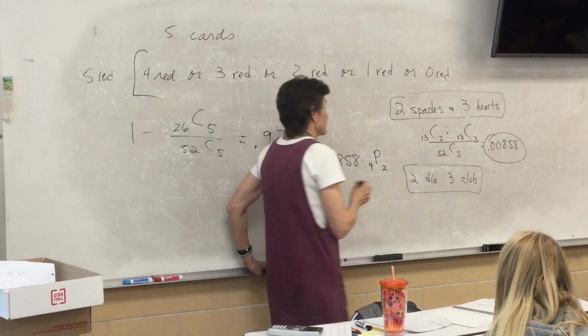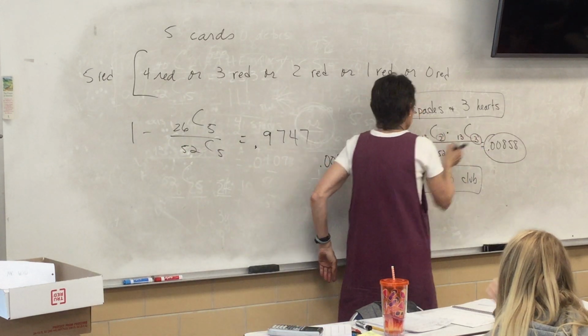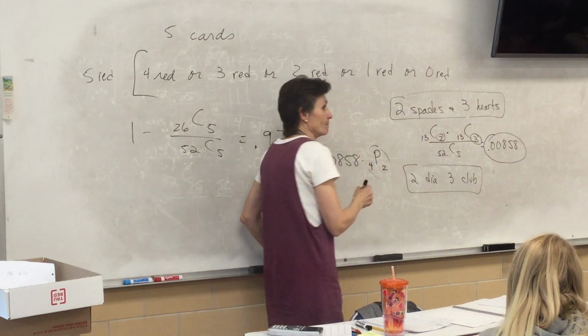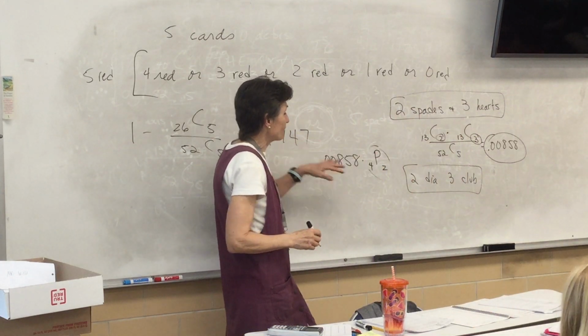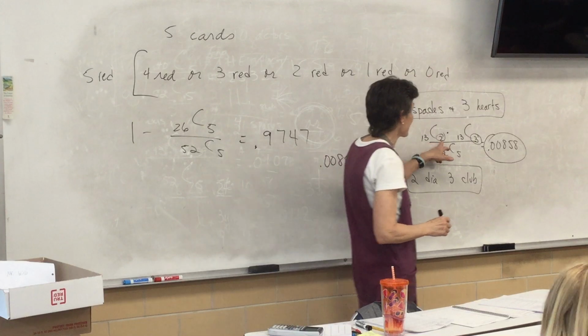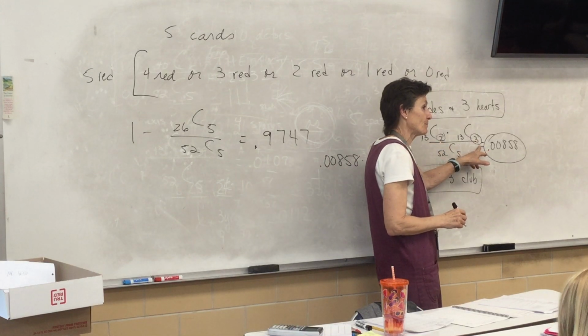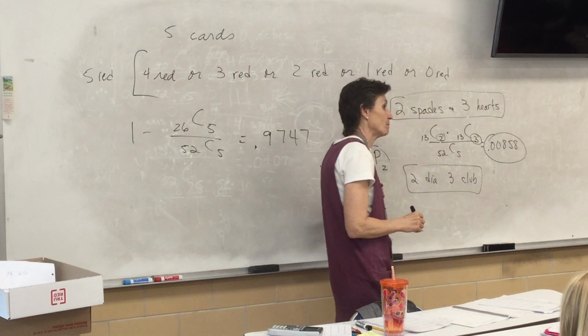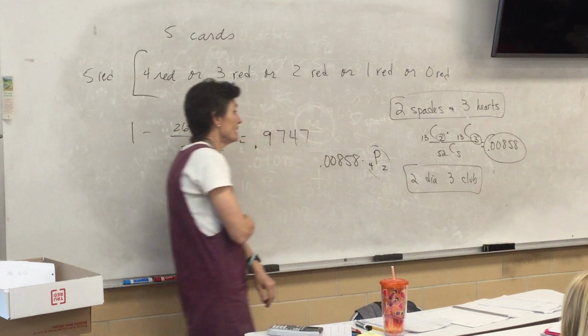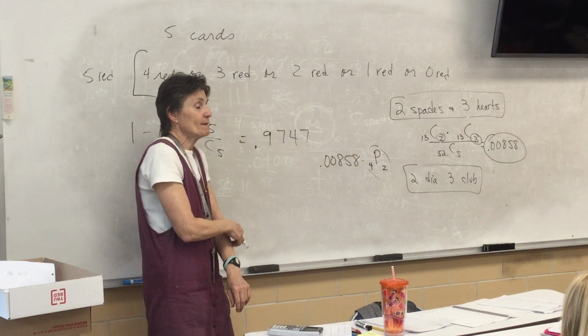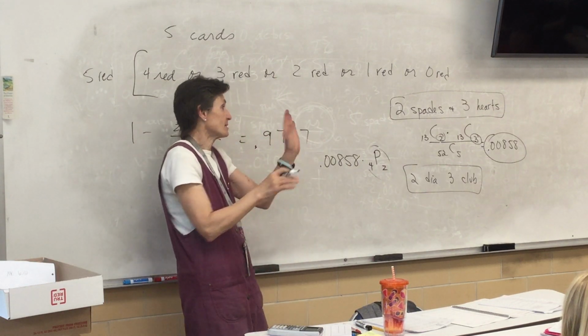No, this 2 and this 3 don't have anything to do with this. Because if I were picking 7 of these and 5 of these, I would still be multiplying by 4P2, okay?